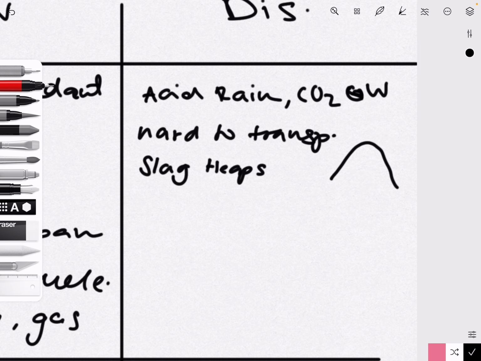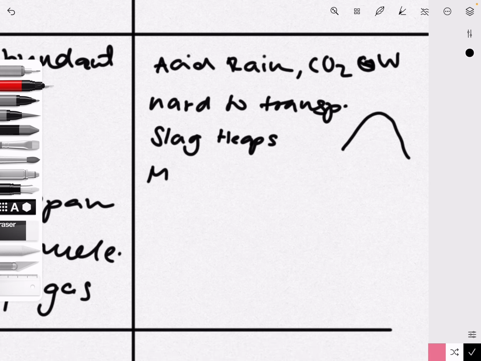Next up, the mining of coal is dangerous because oftentimes in coal mines, you may hit pockets of, for example, natural gas that you can't detect because it tends to be odorless and colorless.